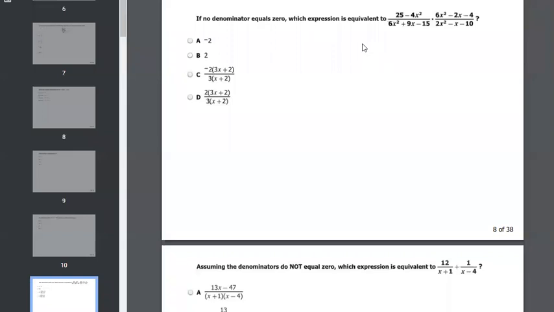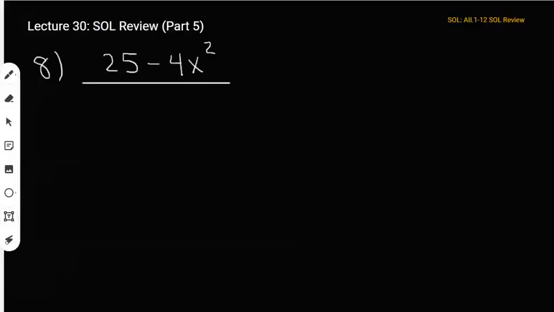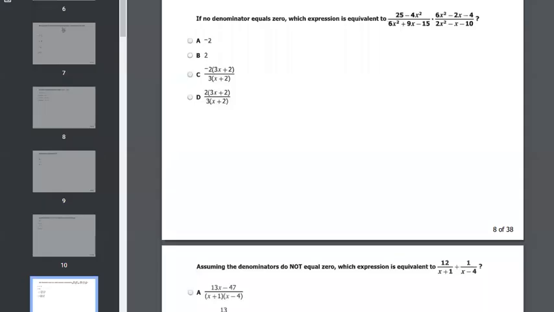And in the denominator, we have 6x squared plus 9x minus 15. And we're going to multiply that by this fraction right here.